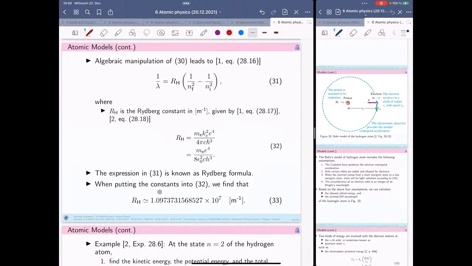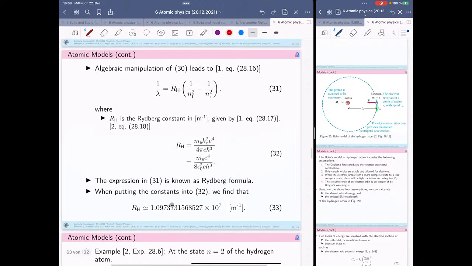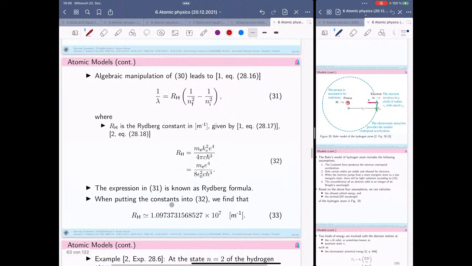Once we put in the constant, we get the Rydberg constant as this value. You may not need to remember this constant. If we have an exam, this value is going to be provided additionally, so you don't have to worry about whether you need to remember it or not.